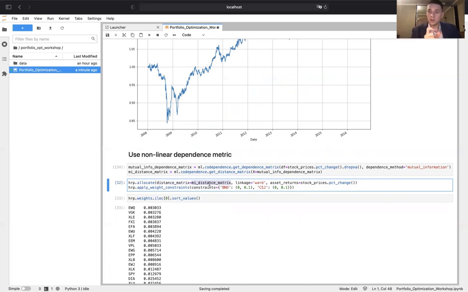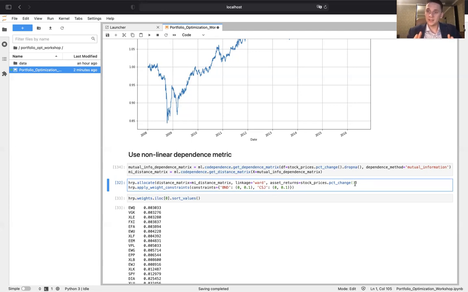So here, if you would like, let's say, to use denoised or detoned covariance matrices to cluster your assets in the HRP algorithm, what you can do is first use the covariance matrix, denoise it, detone it, convert it into a correlation matrix, convert the correlation matrix into a distance matrix, and use it as input in your HRP allocate method. But still, you need to specify asset returns, which will be used in inverse variance calculations.